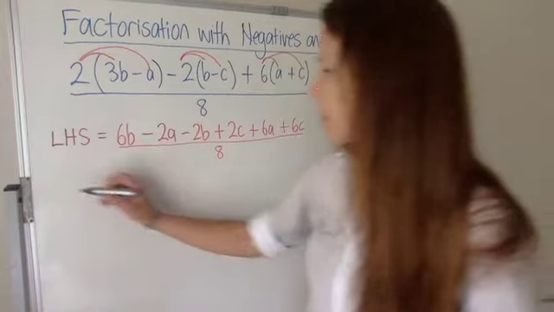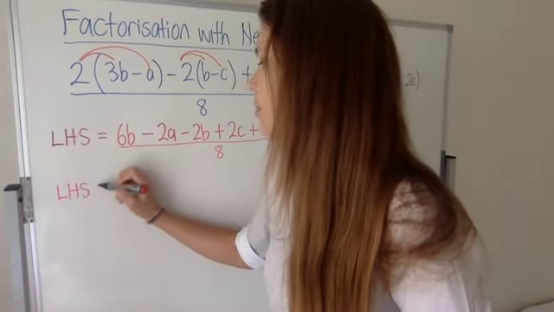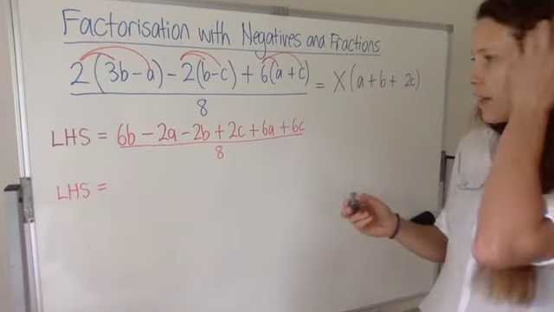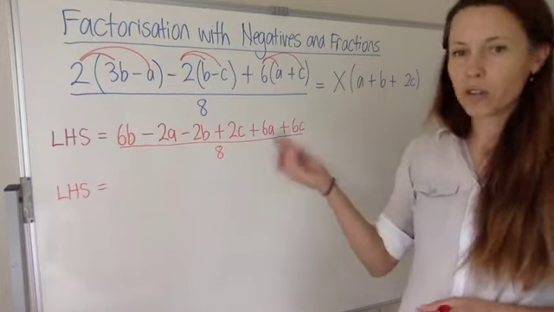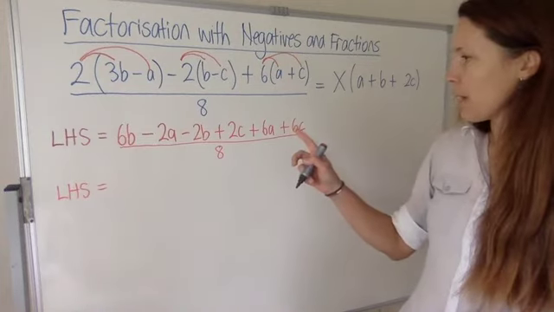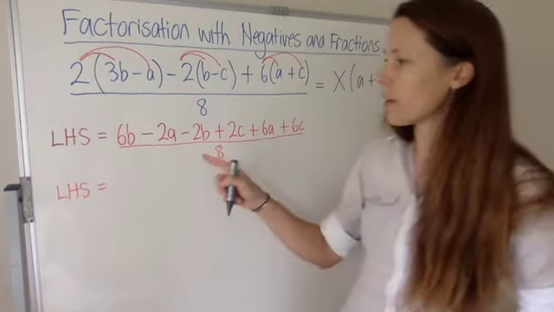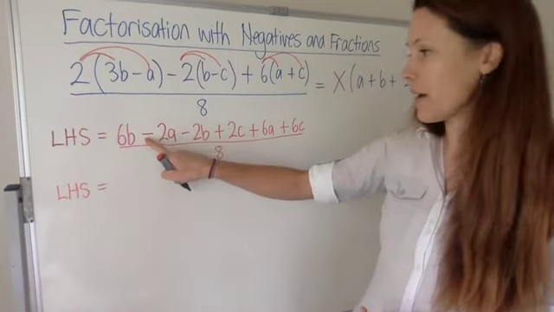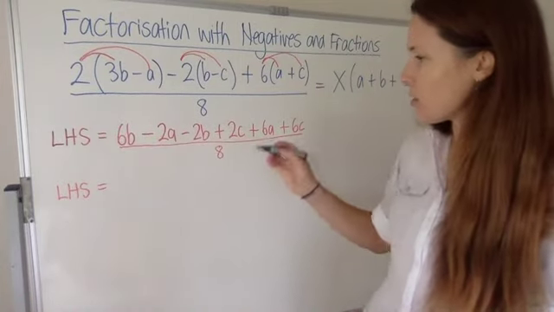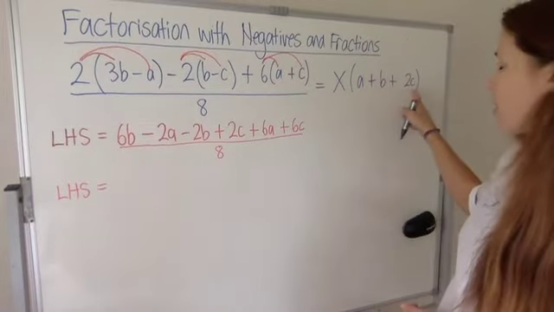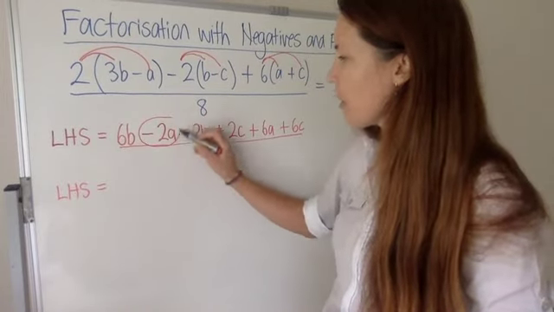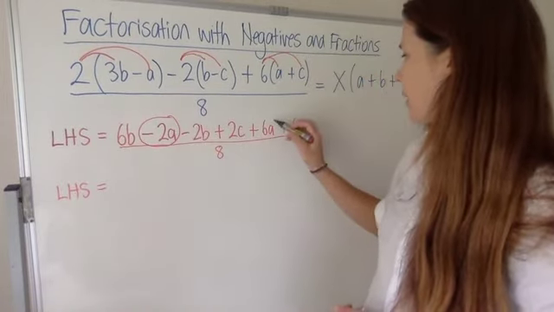Alright, on the next line I'm going to just gather up my like terms, so I'm looking for the a's, b's and c's. Now this part's quite handy if you actually circle your terms. That way you can make sure you haven't forgotten anything, but also it reminds you to keep each sign with the next term. So let's do a's first just because a is first over here and it's first in the alphabet. We've got minus 2a plus 6a.